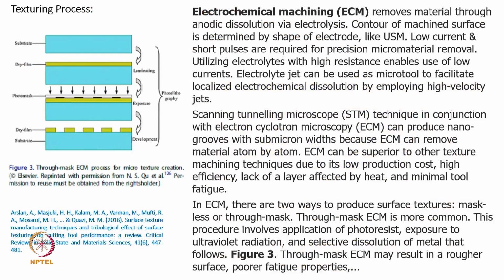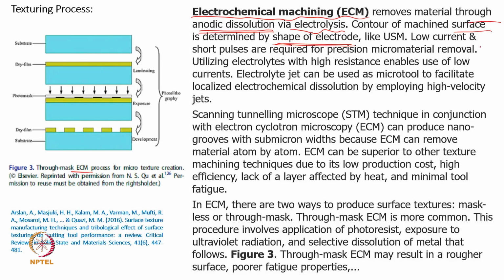In this series, we are going to discuss only the last process, which is ECM. Electrochemical machining is basically an electrochemical cell, which we already studied in our corrosion related topic. What we do in this situation is remove the material through anodic dissolution, and the process is done through electrolysis. The contour of the machined surface is determined by the shape of the electrode; the shape of the electrode we use will decide the texturing on the surface.